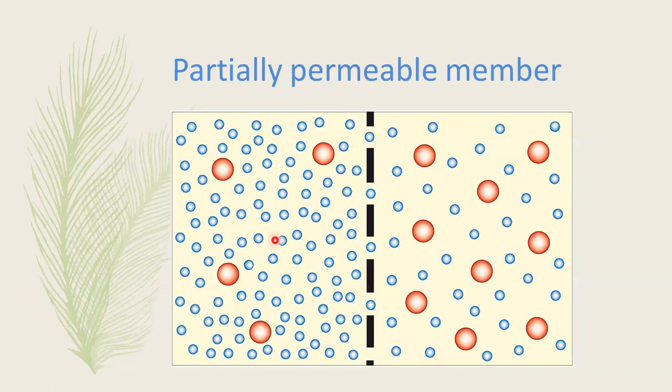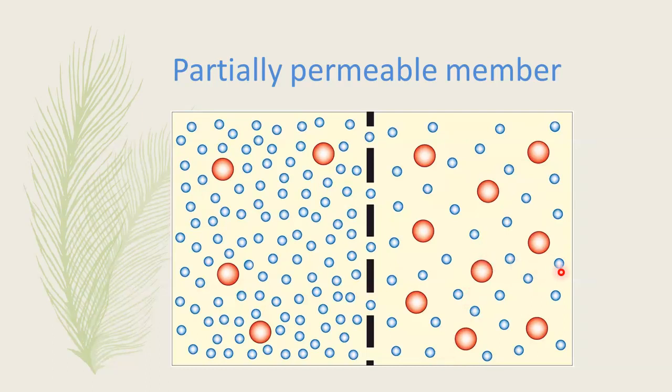So in this diagram, this black layer is the membrane which has holes. It allows the molecules to pass through, but it allows only part of the molecules to pass through. This membrane is only allowing the water molecules, the small molecules represented as water.